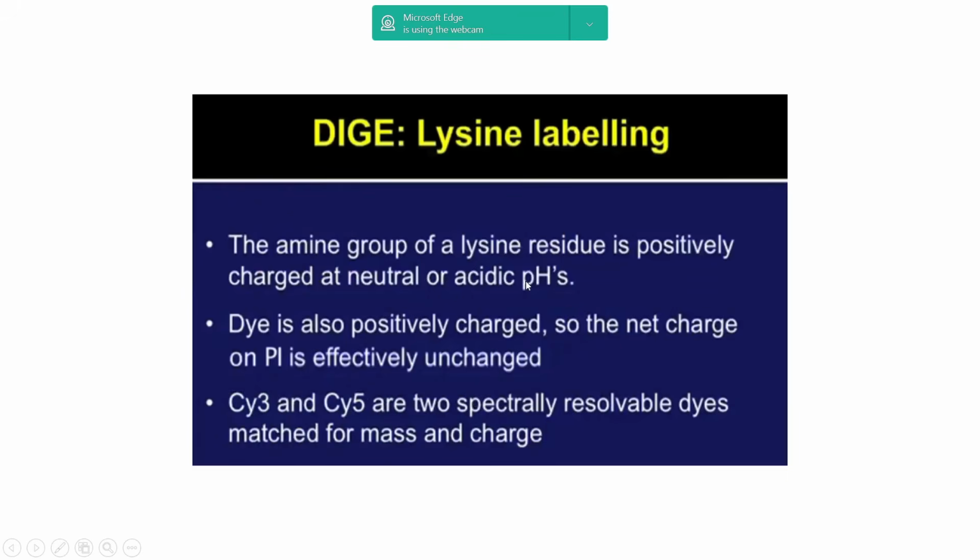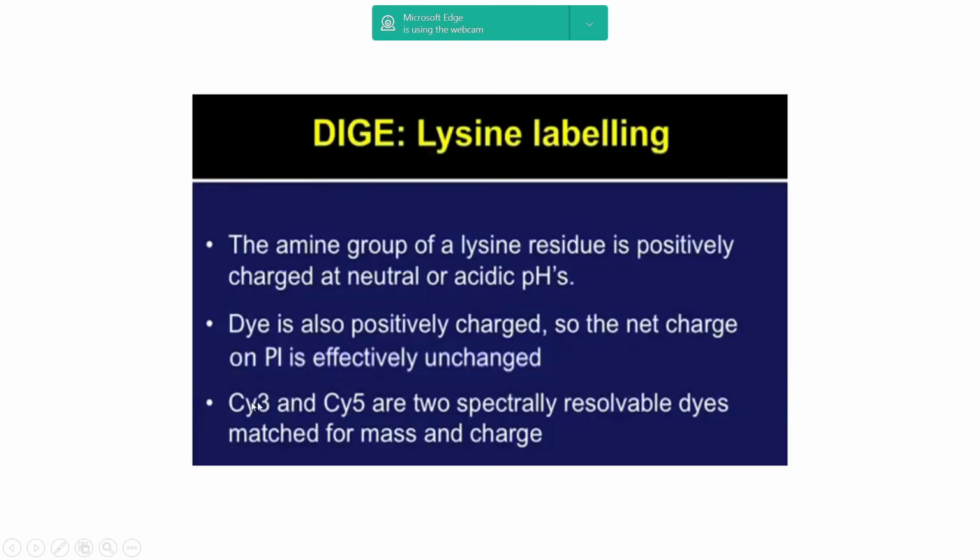The amino group of the lysine residue is positively charged at neutral or acidic pH, and the dye is also positively charged. So ultimately the net charge on the pI is effectively unchanged, because of which it is not affecting the isoelectric focusing part, the first dimension.